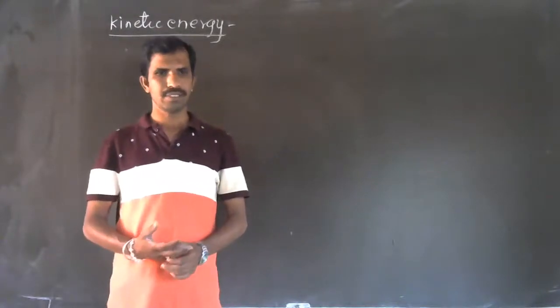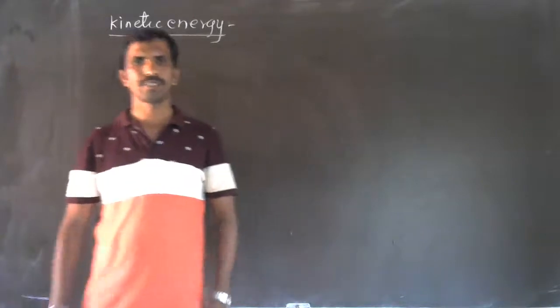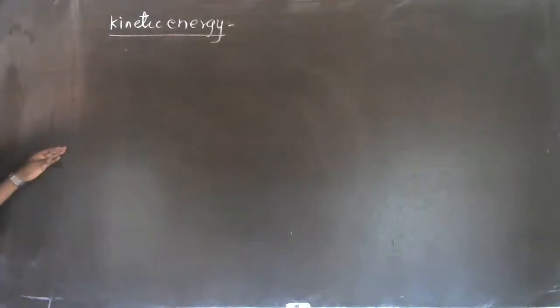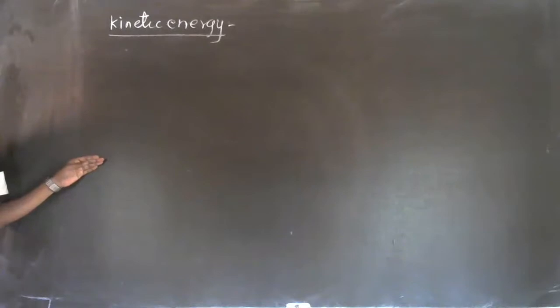Today we are going to study the next part of the lesson, that is work and energy. In the last class, we already discussed work, the definition of work, the equation of work done, and the conditions to say that work is done.